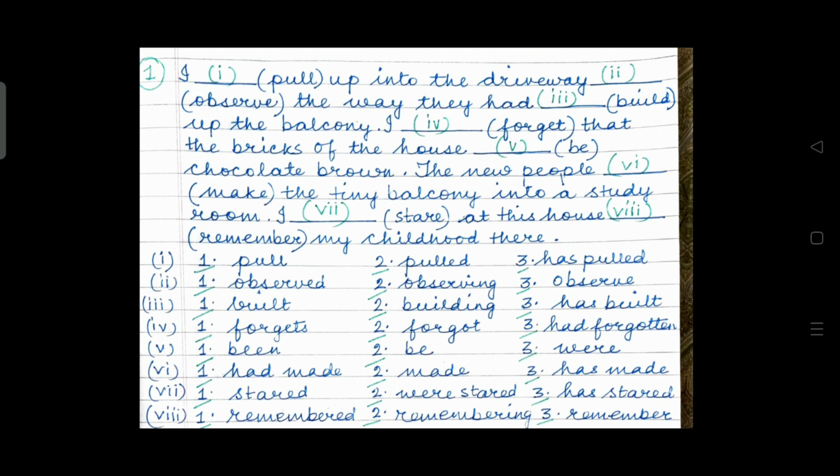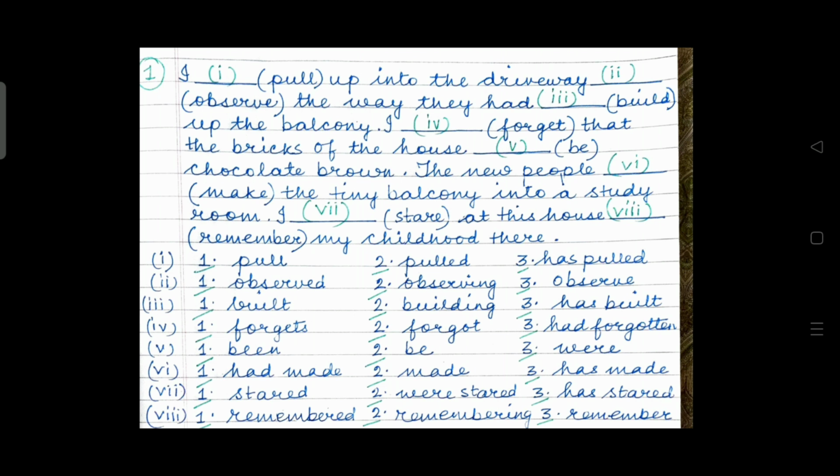Come on. I dash forget that the bricks of the house dash be verb chocolate brown. Be verb: am, is, are, was, were, has, have. Remember? So I forgets. This is incorrect. Eliminated immediately.